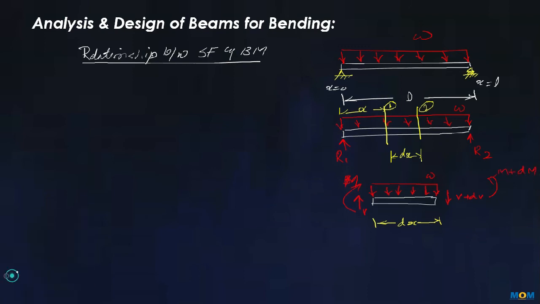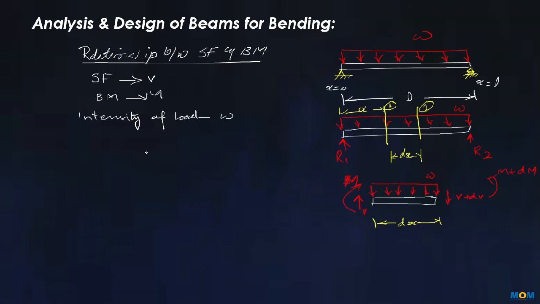Note the notations we use: V for the shear force, M for the bending moment, and omega for the intensity of load.